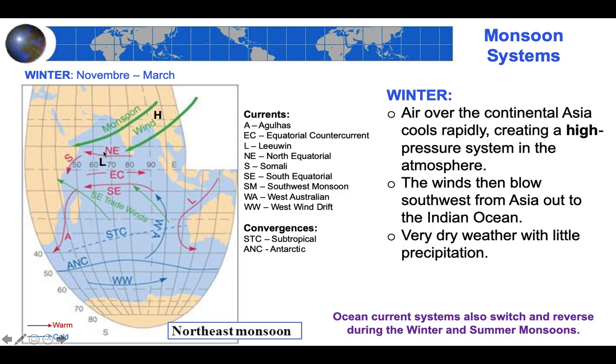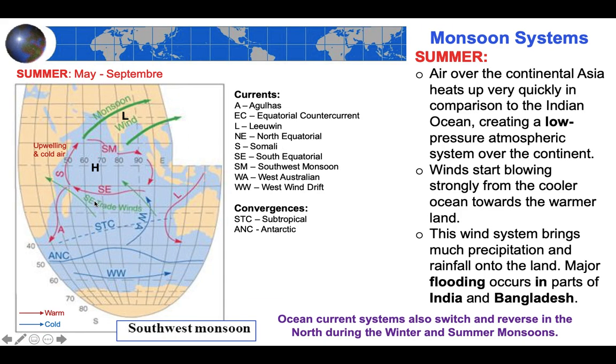But in the wintertime, we have this counterclockwise ocean current off the coast of the northern African Horn, as we call it here, and these are different current systems that make up the subtropical gyre system in the Indian Ocean.